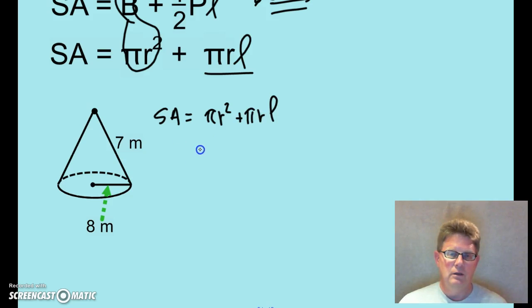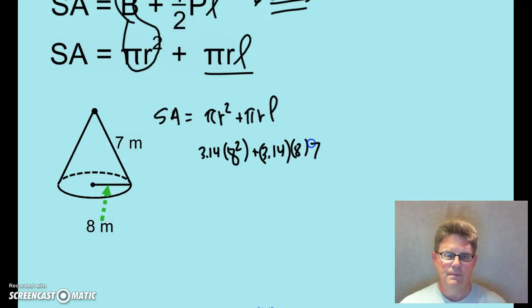So that would be 3.14 times 8 squared, because that's the radius, plus 3.14 times 8 times 7. 3.14 times 8 squared equals 200.96.